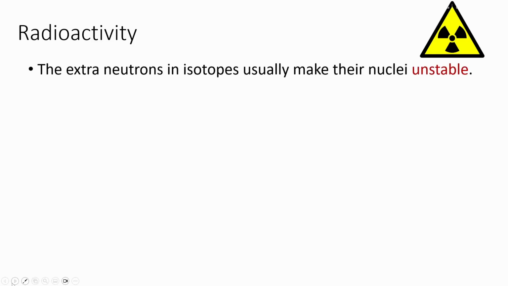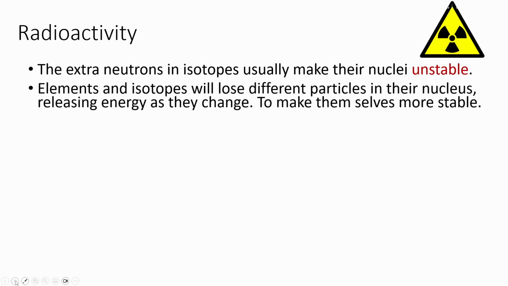Now, the extra neutrons within isotopes usually make their nuclei unstable. Usually, not always, there are exceptions to the rule. In order to become stable, isotopes will lose different particles from their nucleus to release energy to make themselves more stable.